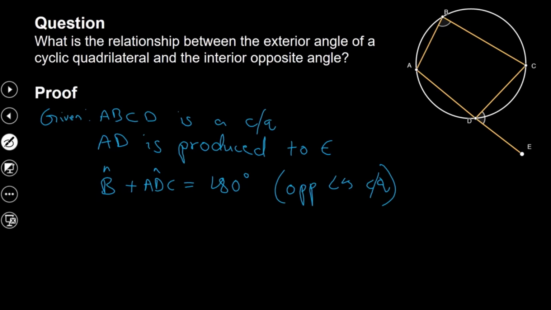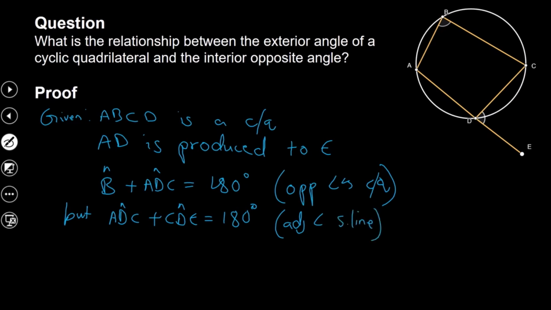And given this fact, I also know that angle ADC plus angle CDE is equal to 180 degrees. Why? Adjacent angles on a straight line.